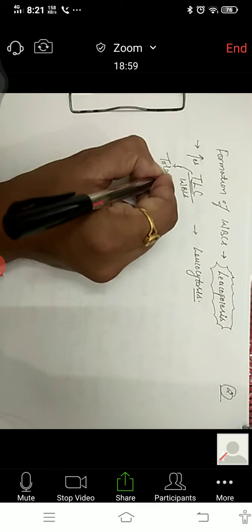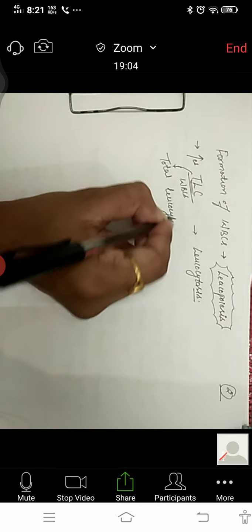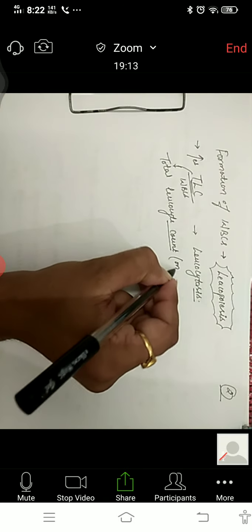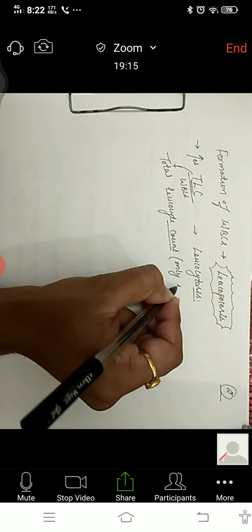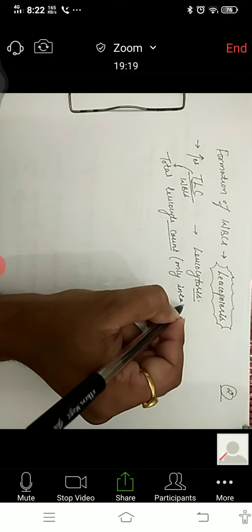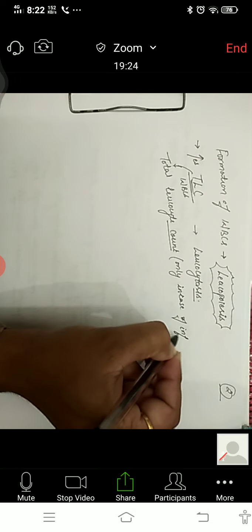TLC stands for total leukocyte count, and it increases only in case of infection.